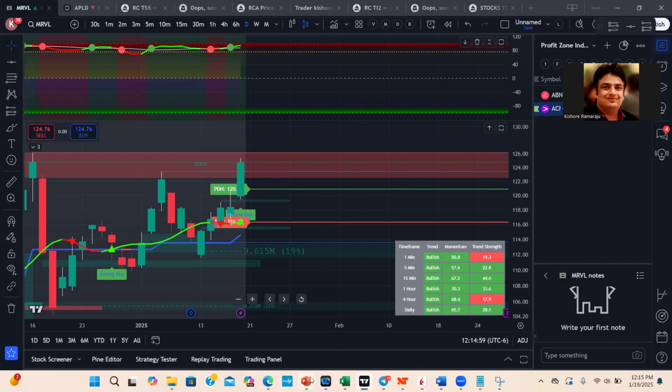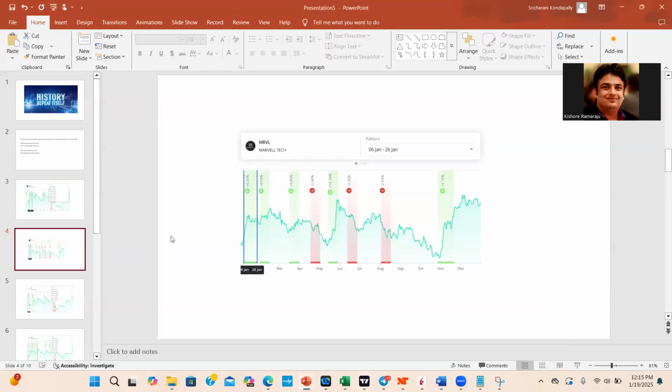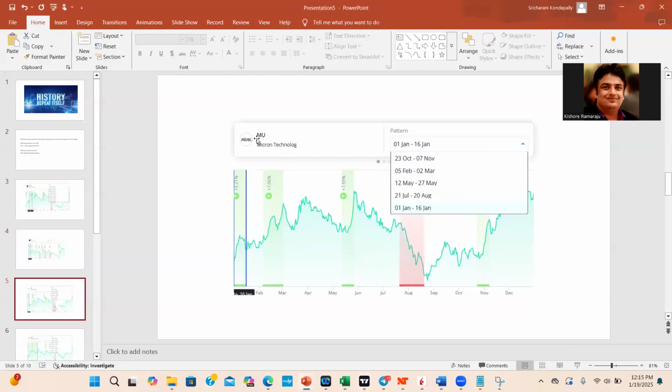Now let's go with some other example, right? Micron. Again, if you go, right, where is the first profit zone for Micron? Where do you see the first profit zone dates in 2025?